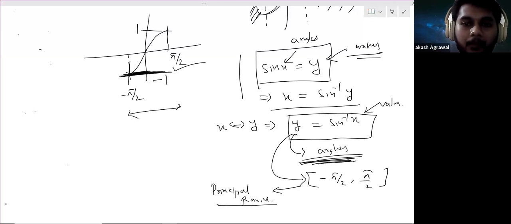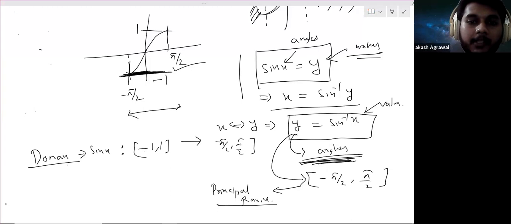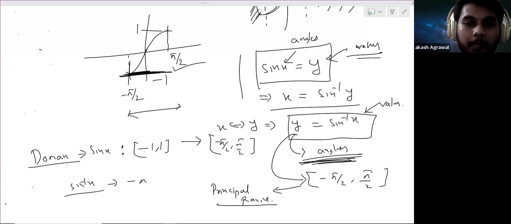So the domain of sine x is from minus 1 to 1 and the range is from minus pi by 2 to pi by 2 because we restricted. So if I take sine inverse x, the domain will be the opposite of that, minus 1 to 1 becomes the range side. This is clear?